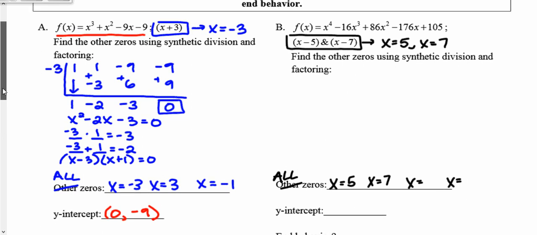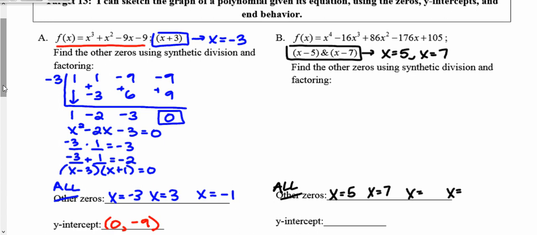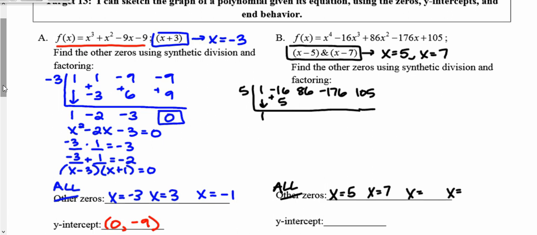So pick one of those numbers. I'm going to use 5 first, just going in order. Go ahead and set up your synthetic division with your coefficients from the problem. So that's 1x to the 4th, minus 16, 86, negative 176, and 105. Okay, so going through the 1, that would be 5. If I add down, that's negative 11, which means this is negative 55.